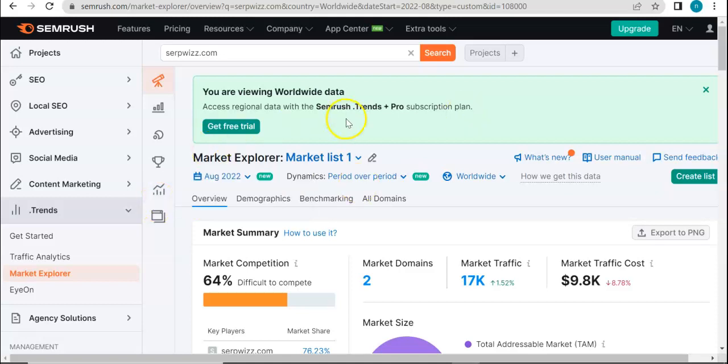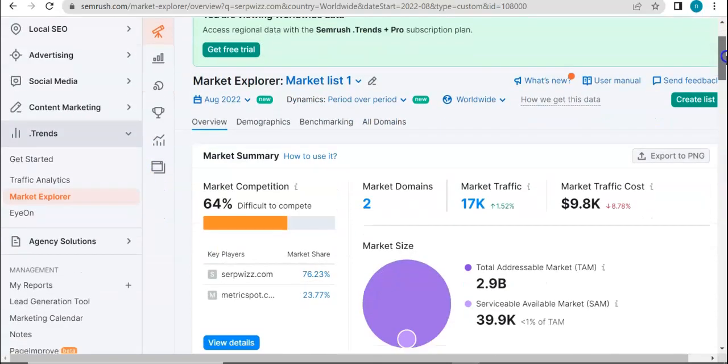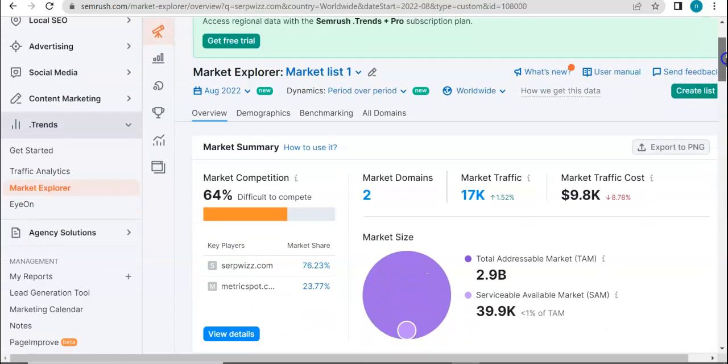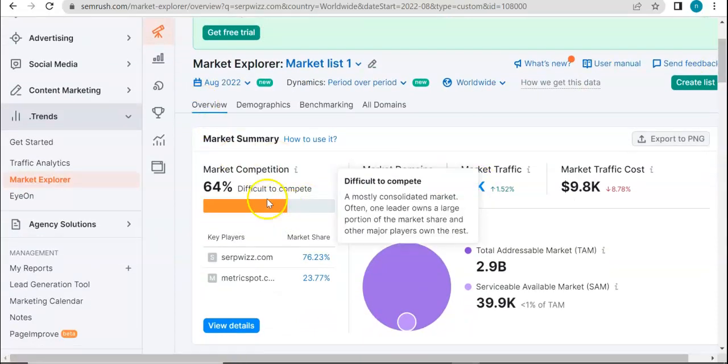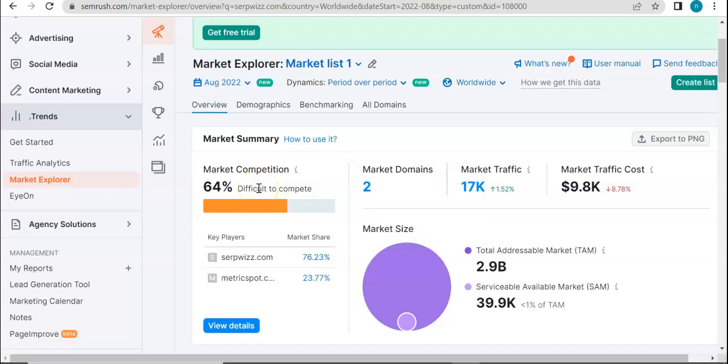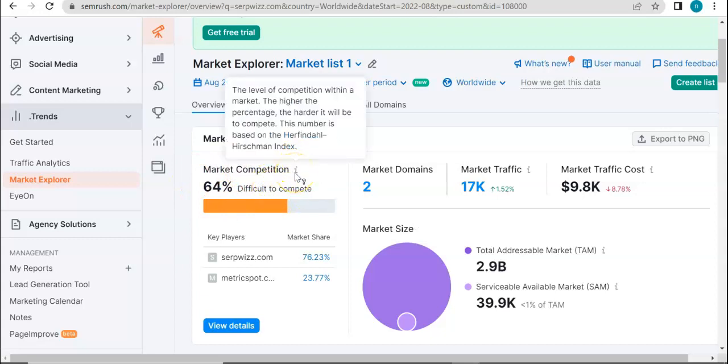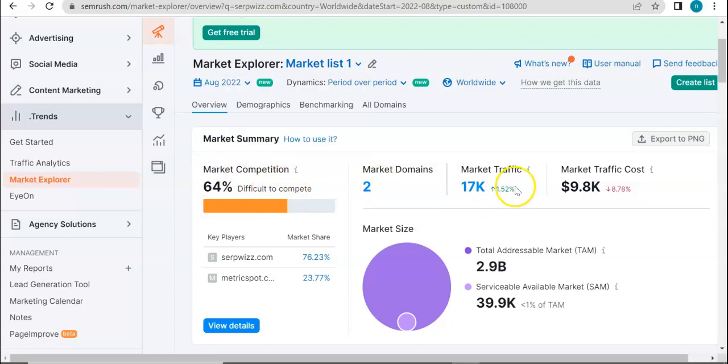So here we use the Serpwizz domain, and you can see here, this one is the overview tab. So we get a look at the market summary, and here you get to have a look as well at market competition and market domains, market traffic cost, market size, and then you can compare them as well here.